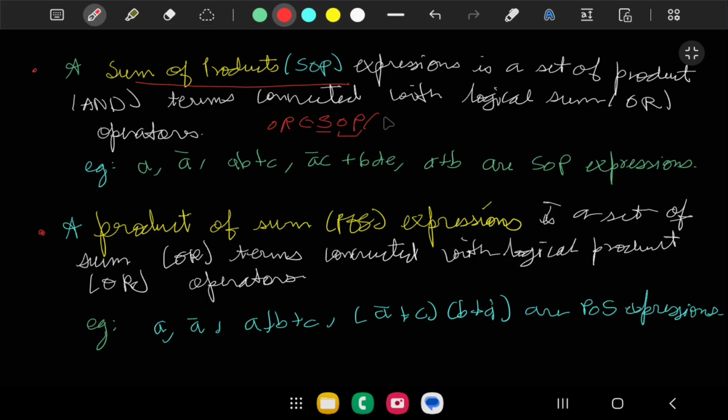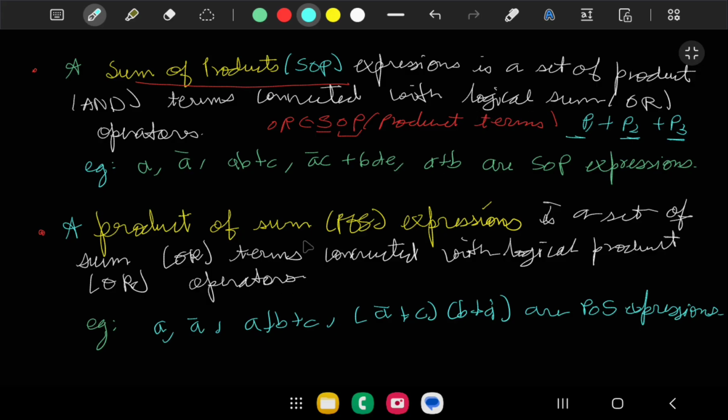Which means OR of product terms. So these must all be product terms, like this. These are the SOP forms.